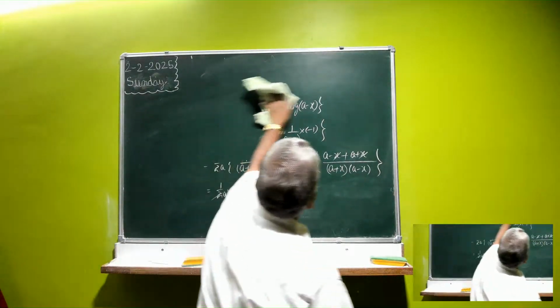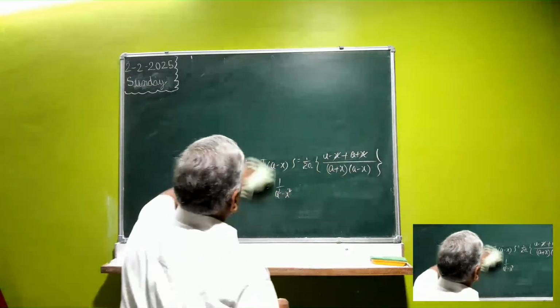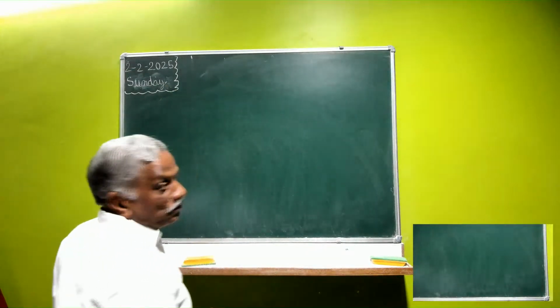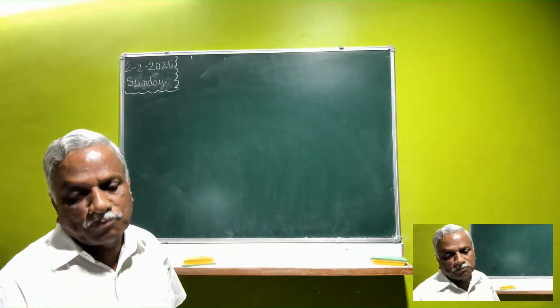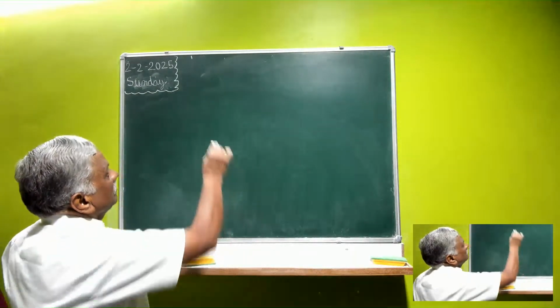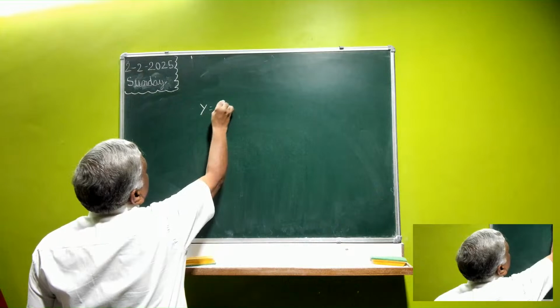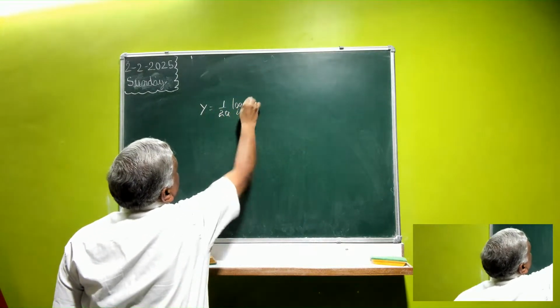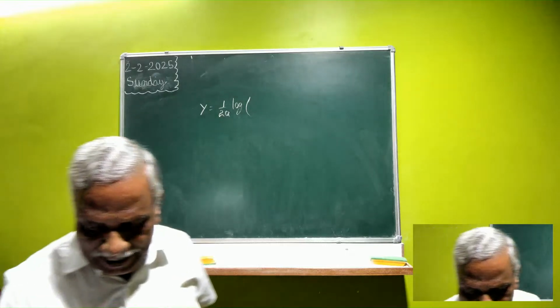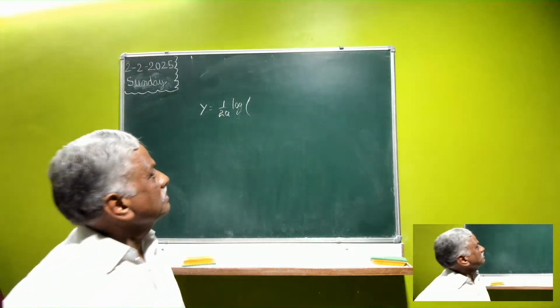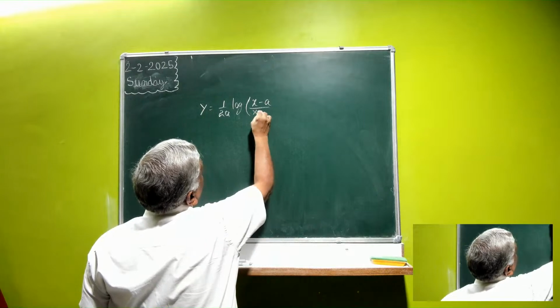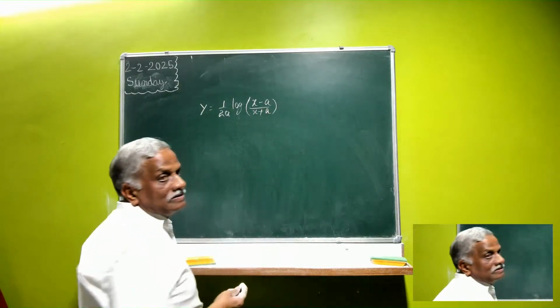So let's go to the next problem. Almost identical, slightly different, only to make you understand how the problem progresses. y is equal to 1 by 2a, as it is there. Log is also there. That was a plus x. Now this is x minus a over x plus a.